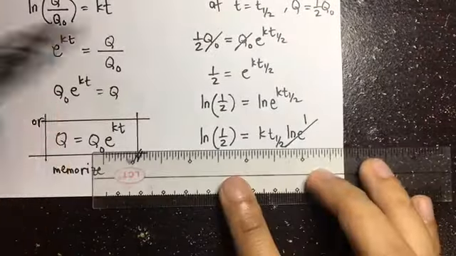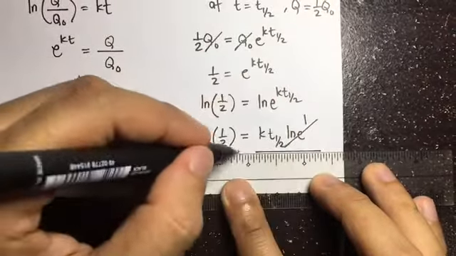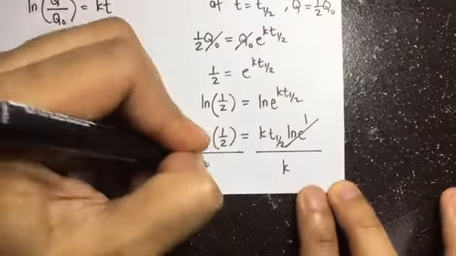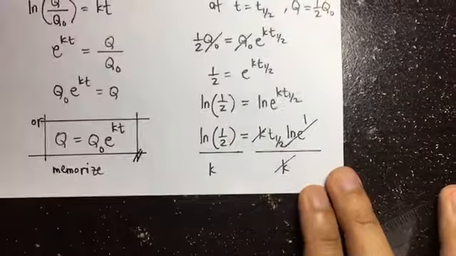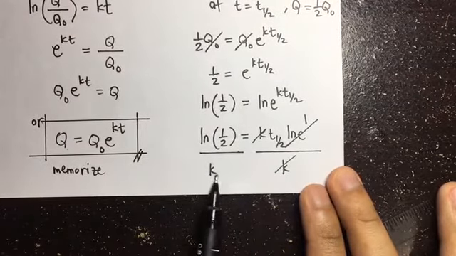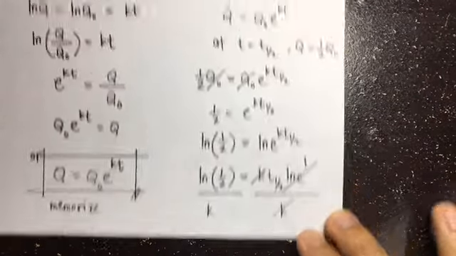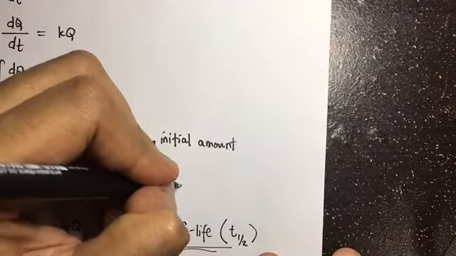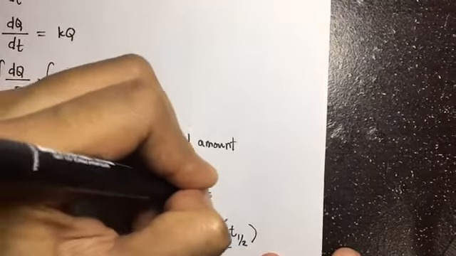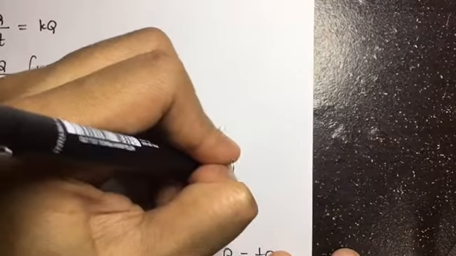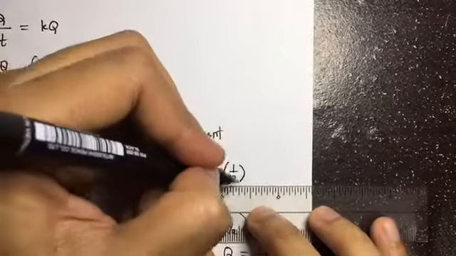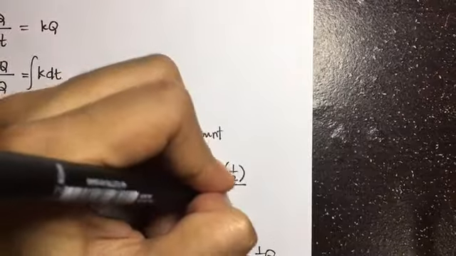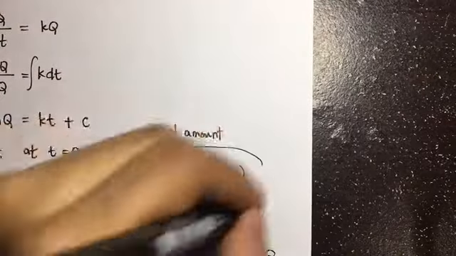Then solving for t 1/2, divide both sides by k, so we can cancel out k. What will remain is t 1/2 is equal to ln of 1/2 over k. So this is the formula for half-life. Remember that one.